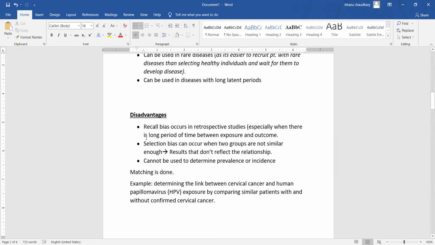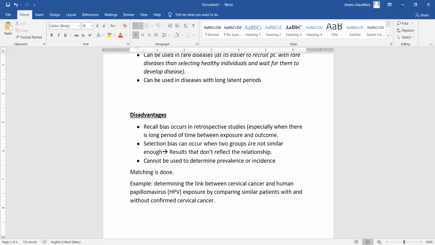Second, selection bias can also occur. Selection bias occurs when the two groups are not very similar to each other, and as a result, the result that you get doesn't reflect the relationship. For example, lung cancer might be caused by certain kinds of mutations, and sometimes these lung cancers can also be inherited, right?